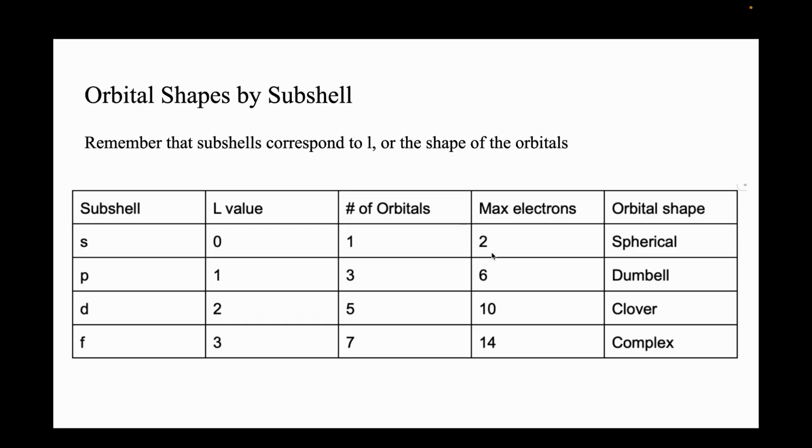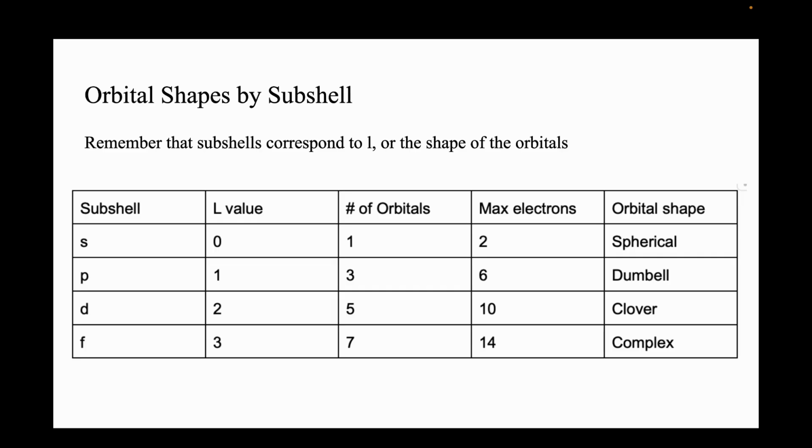So the S subshell will have 1 orbital, 2 electrons in a spherical shape, all the way up to F, which is going to have 7 orbitals, 14 electrons, and a complex shape. Again, ask your teachers for any further clarification. And yeah, I hope you guys understood almost everything that I've discussed already.